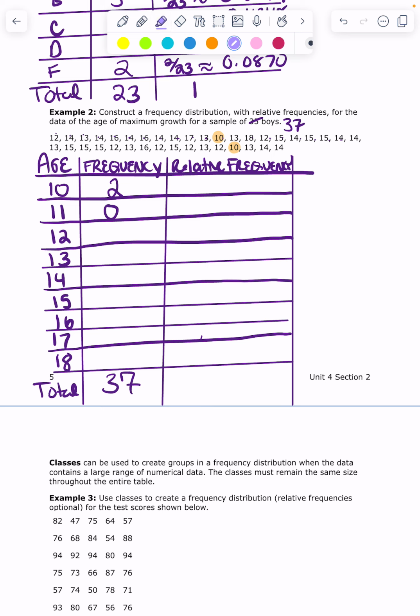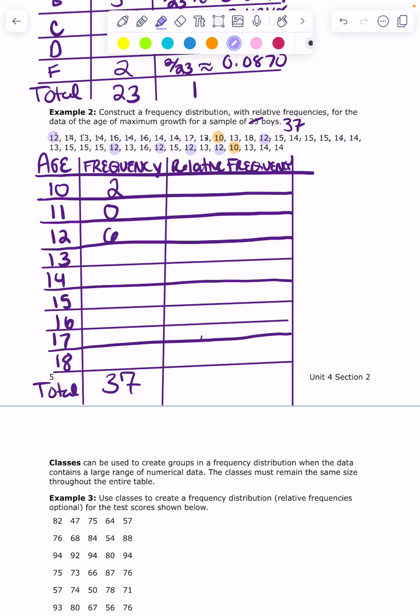You should include all of the values between your lowest and highest number. 12, let's see, we got 1, 2, 3, 4, 5, 6. I got 6.